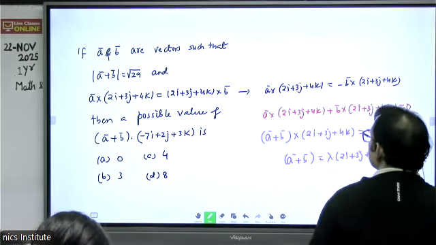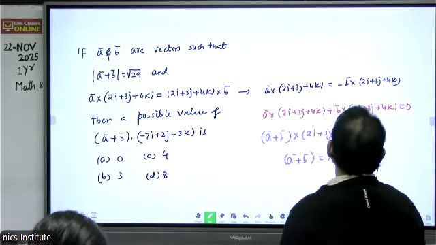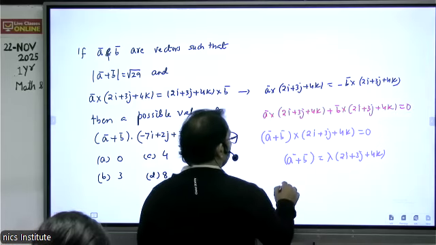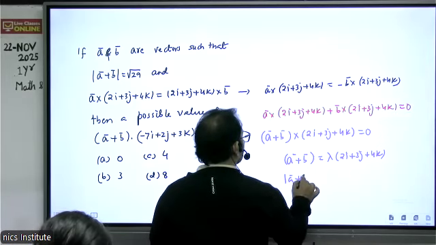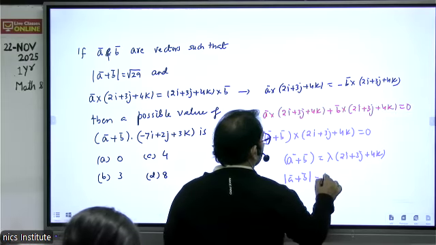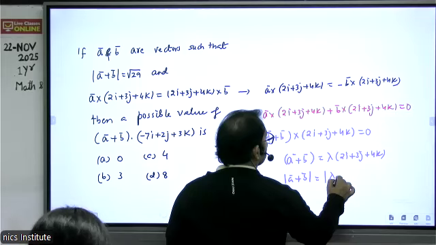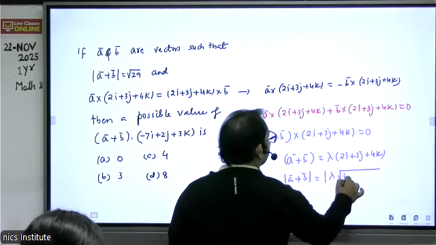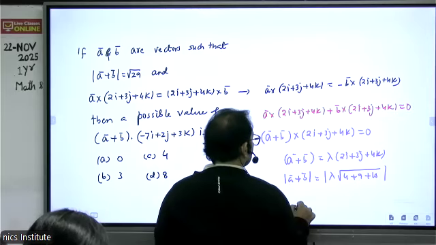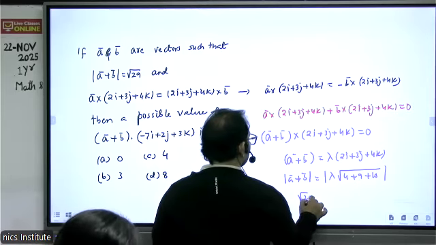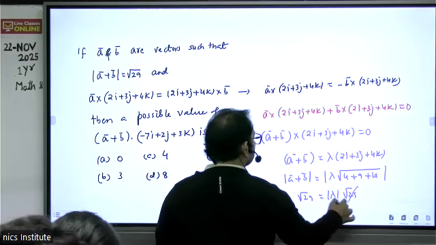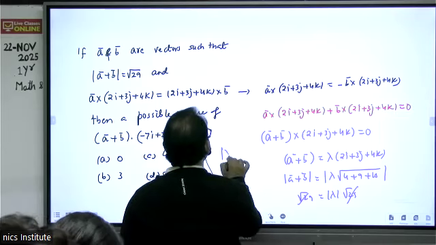अब क्या करना चाहिए? There you've been given mod of A plus B. So you can find mod of A plus B. So mod A plus B would be mod lambda times mod of this, and mod of this would be root of 4 plus 9 plus 16. A plus B mod is root 29. So mod lambda root 29 is root 29, so mod of lambda is 1.